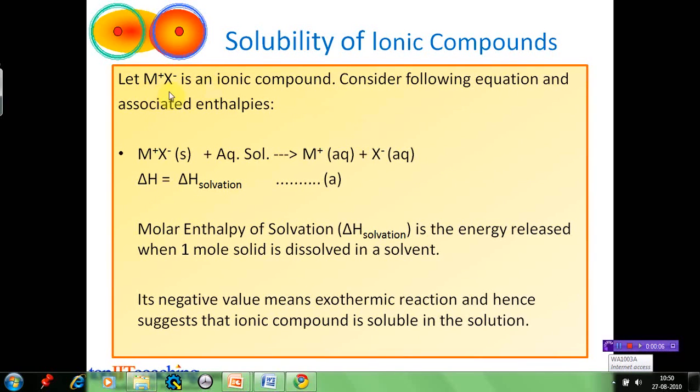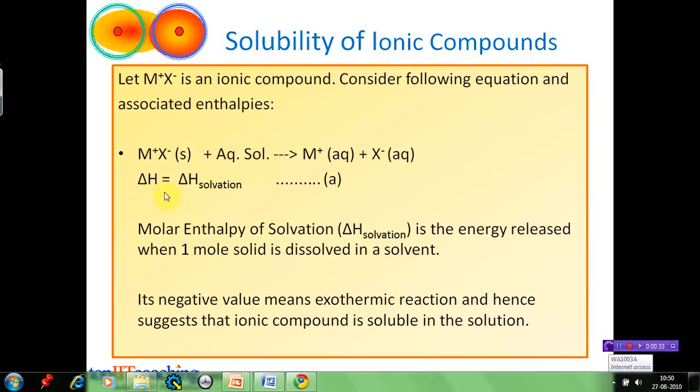Let's take the example of an ionic compound MX, which is composed of M+ cations and X- anions. It is dissolved in a solvent, let's say water. So, the ionic compound M+X- will disintegrate into M+ ions and X- ions, which will eventually get solvated, or when we use water as a solvent, we can say that they'll get hydrated.